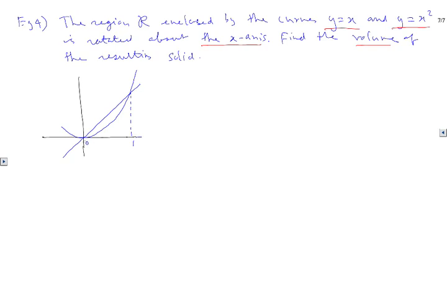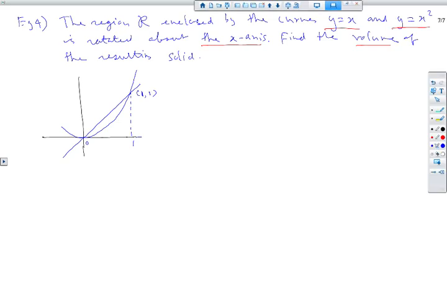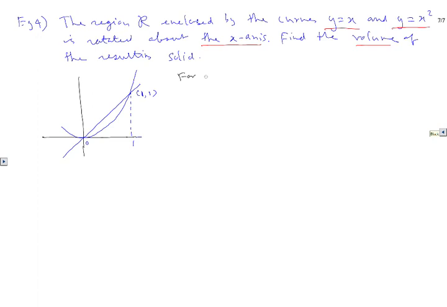If it is not very clear, what you can do is set them equal. In general, we set them equal and then solve for the points. For example, I'm going to show you the work here. So for intersection points, we don't do that here because it's very clear, but sometimes you have to do that.